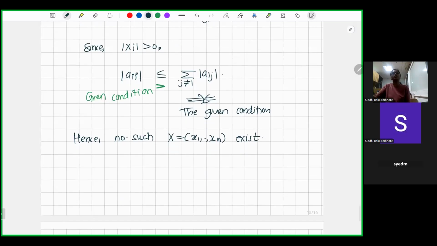Because if such a non-zero x exists, this would be positive and we arrive at the contradiction.